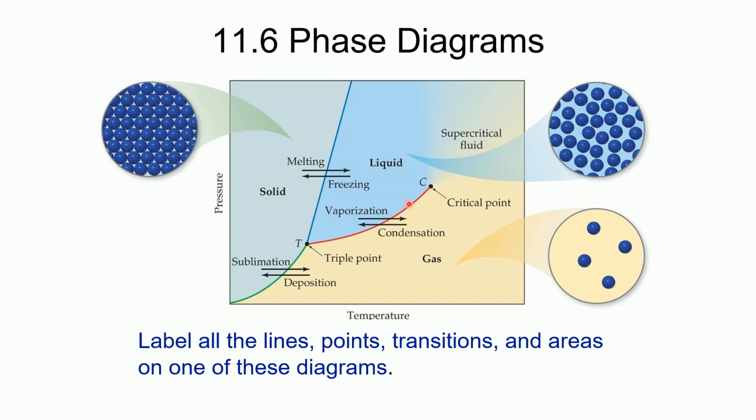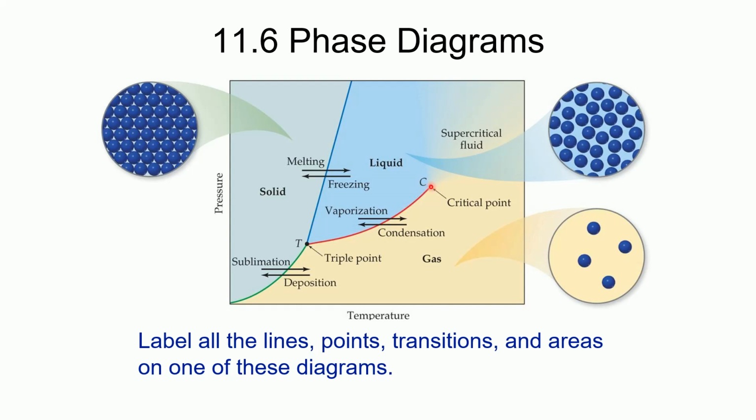As they get closer and closer, it's harder to distinguish between the liquid phase and the gas phase. The meniscus, that line between the liquid and gas phase, starts to get a little bit blurry. The point at which the density of the liquid equals the density of the gas is the critical point. At that point, you cannot distinguish between the liquid phase and the gas phase, and they become one phase.